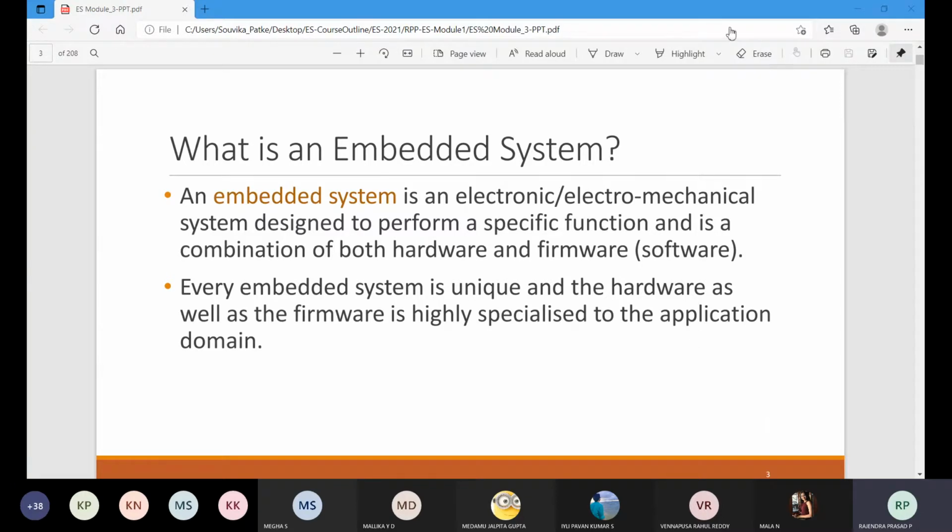So this is what he is trying to say. It is electronic and electromechanical, so multiple hardware and software components combine to make one product. That is what is meant by an embedded system.